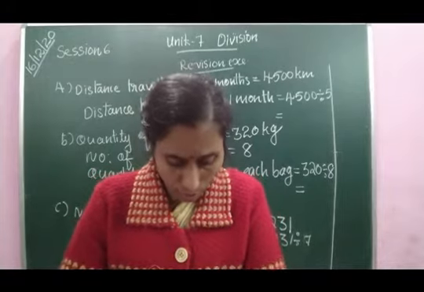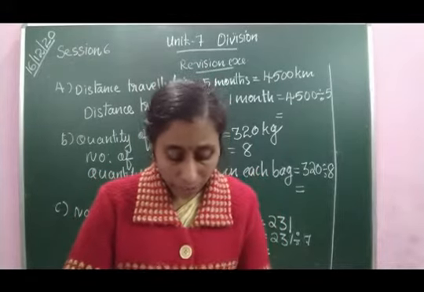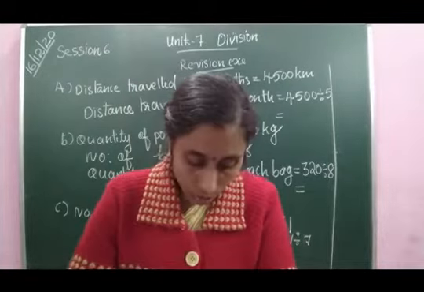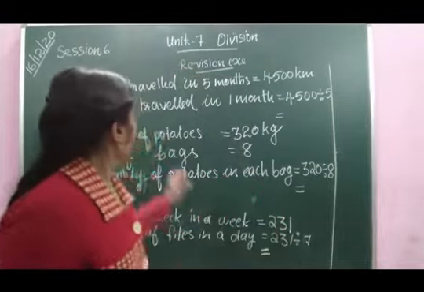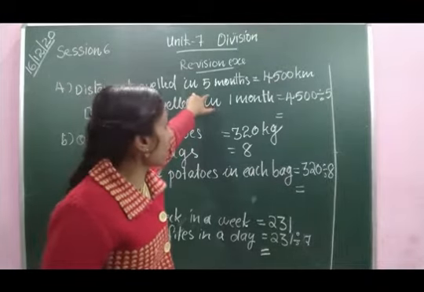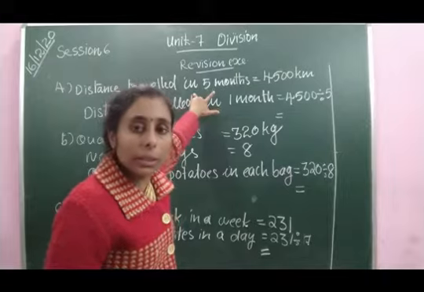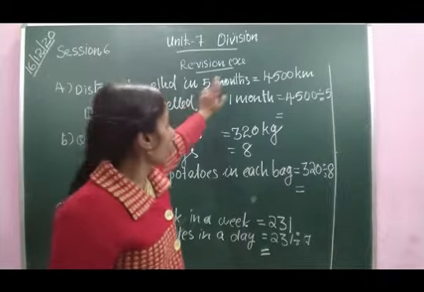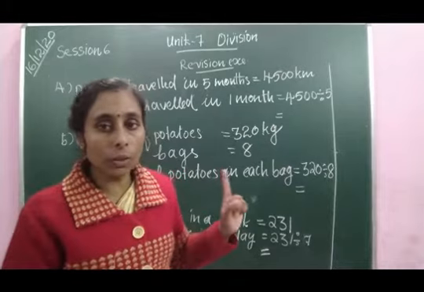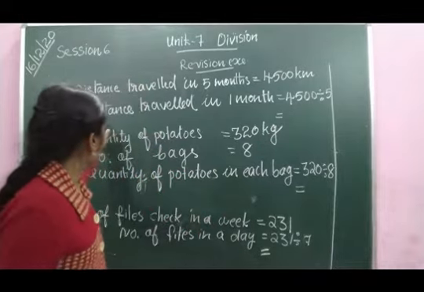Here kilometers are given, so we can write the distance. Distance traveled in 5 months. How much distance did he travel? 4,500 kilometers he traveled.